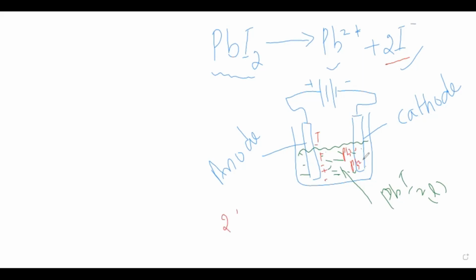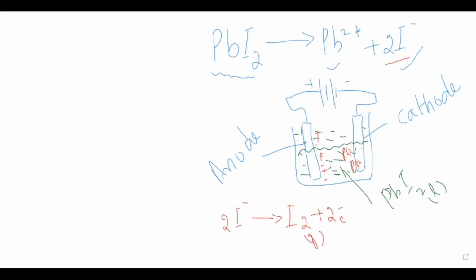So 2I negative ions will change to iodine vapors with the loss of electrons. You will observe purple vapors of iodine gas here on this electrode.